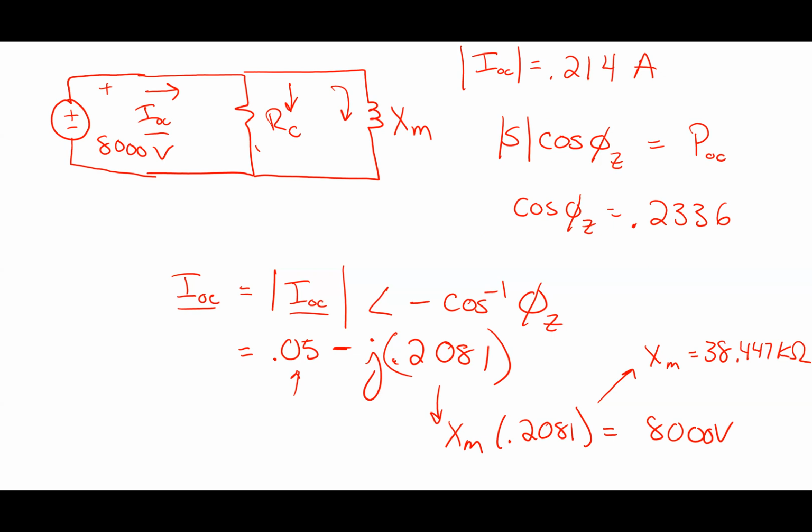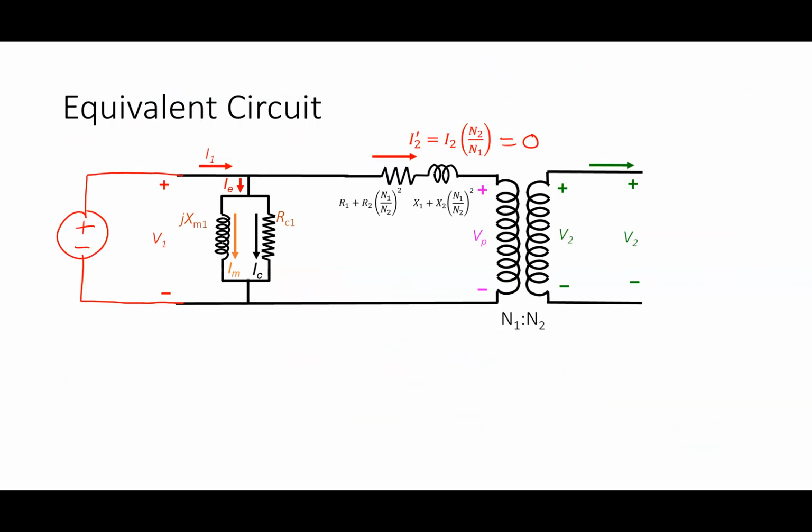Now, a question I have is, looking back at this model, the other test I can do is say, what happens if I put a short circuit right here? If I put a short circuit right there, what does that mean VP is? How does that change this circuit?